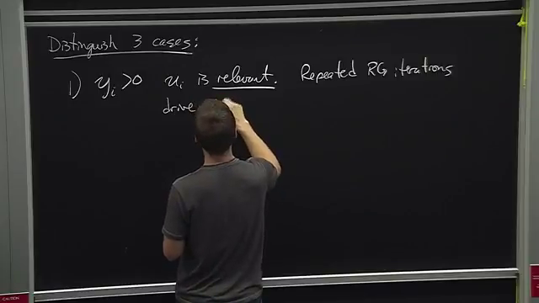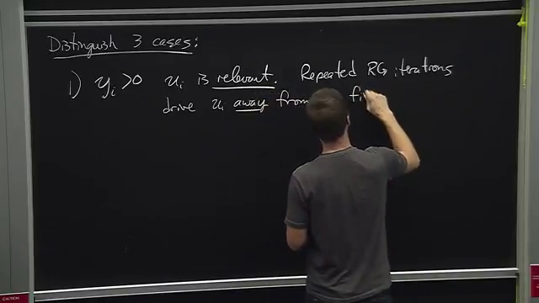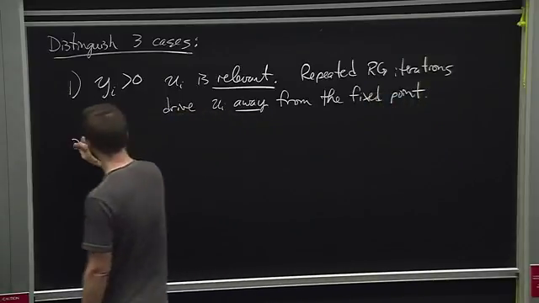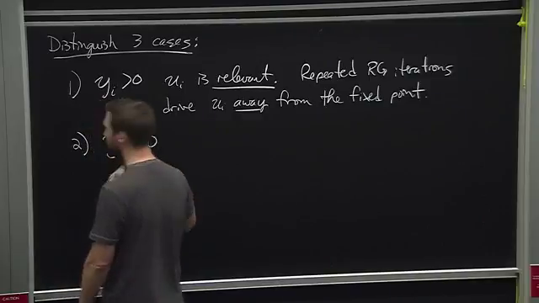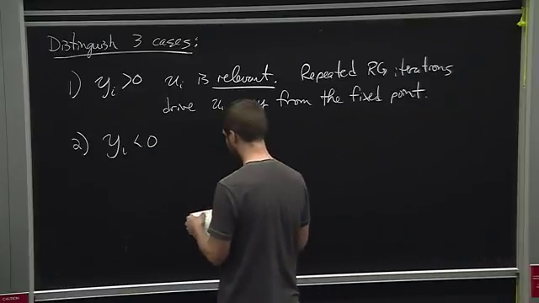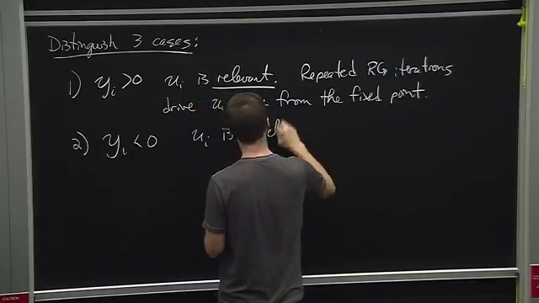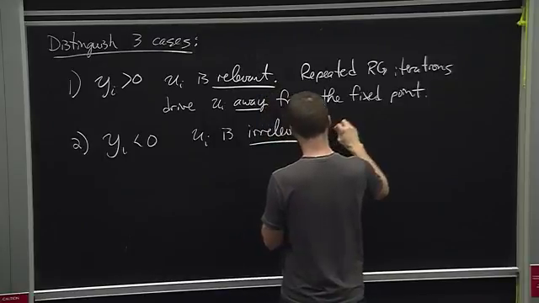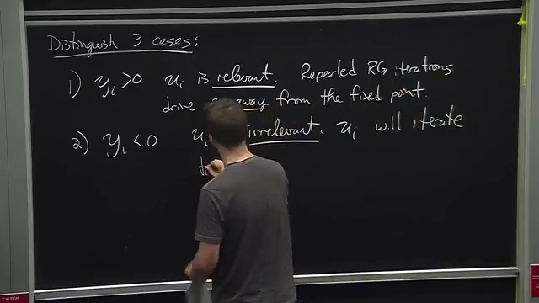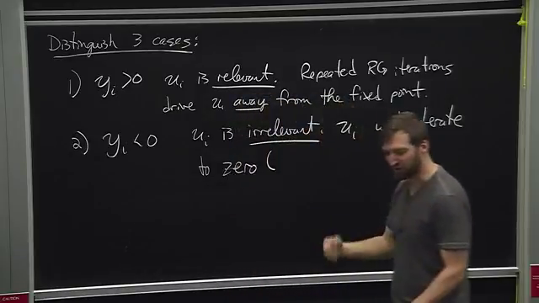And so if y is less than 0, when you have more and more iterations, u_i just iterates to 0, if you start close enough to the fixed point.